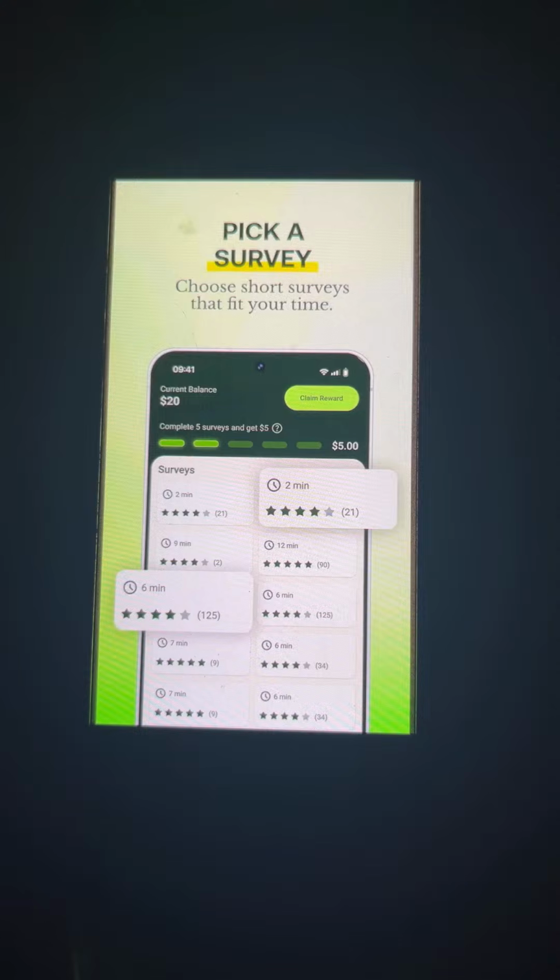I'm trying to look for a good word in English for this quota, but let me go further. Let me just say there are numbers of people that are made to fill up the survey or participate in the survey. Let me just use that word, participate. So quotas means the number of people to participate in the survey.